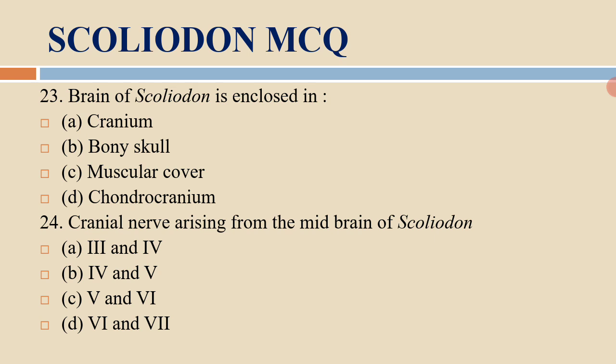Next one, brain of Scoliodon is enclosed in: A. cranium, B. bony skull, C. muscular cover, and D. chondrocranium. So in which cavity is the brain protected in case of Scoliodon?